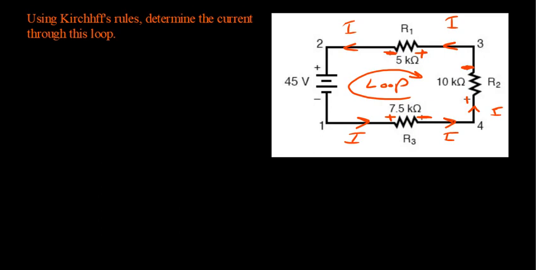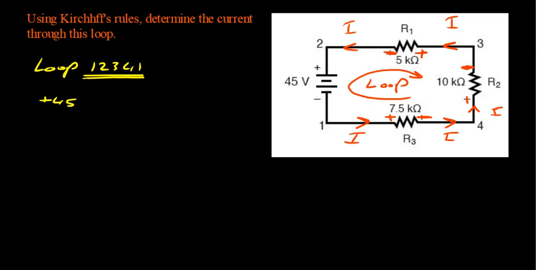Let's practice. So my loop, I will be taking loop 1, 2, 3, 4, and back to 1, definitely. So I will go through my battery. That will give me a positive 45. Now plus or minus, let's figure it out through resistor 1. I am entering resistor 1 from low voltage, getting out with a high voltage.